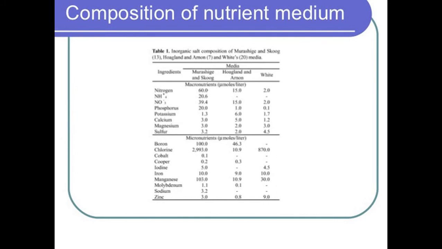Here this table compares three different media, Murashige and Skoog, Hoagland and White, for the preparation of stock solutions of macronutrients and micronutrients.